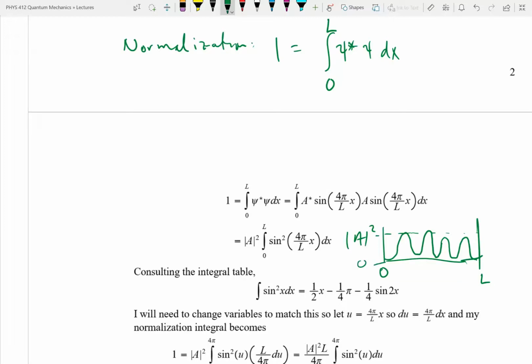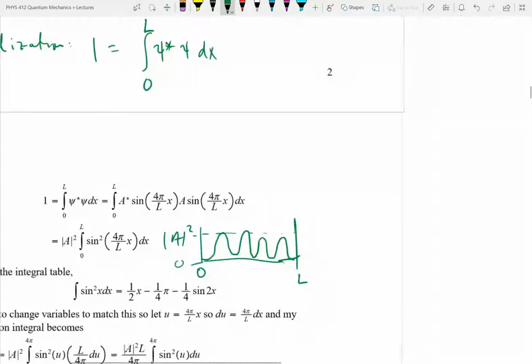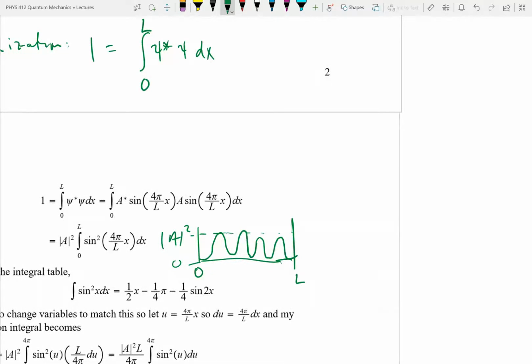And so just based on symmetry, what's the average value? In the middle. So just based on symmetry, we can say that this integral is that.